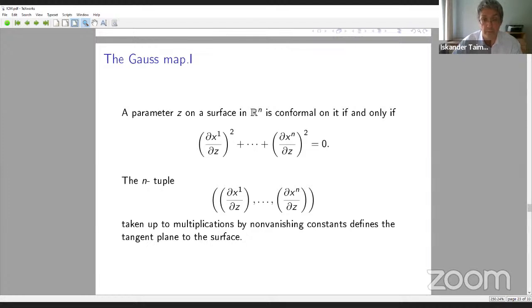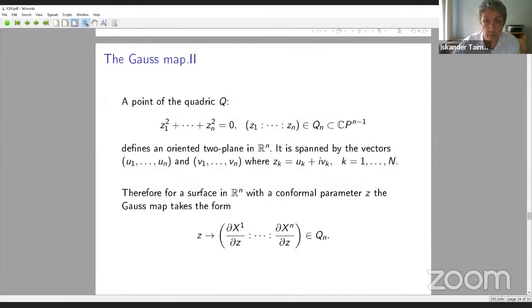Because the real part of this vector and the imaginary part of this vector are two orthogonal vectors. They are orthogonal due to the first equation, and they give you a basis. Multiplication by a non-vanishing constant gives you just rotations of this basis, and also dilations of this basis. And these two vectors are of the same length. It also follows from this quadratic equation.